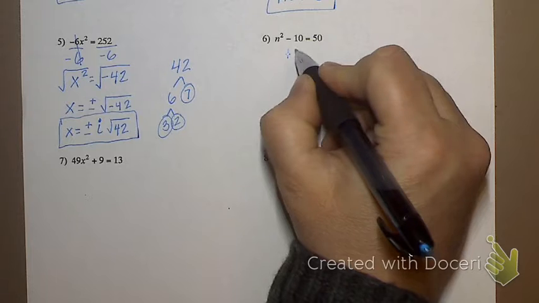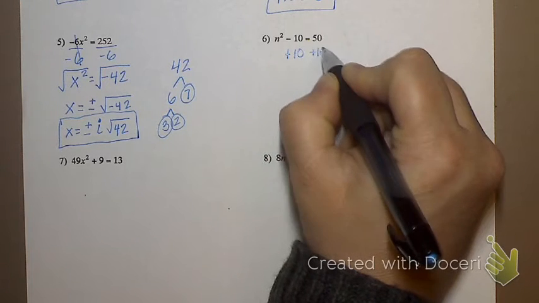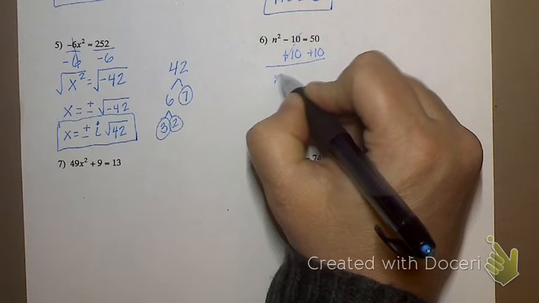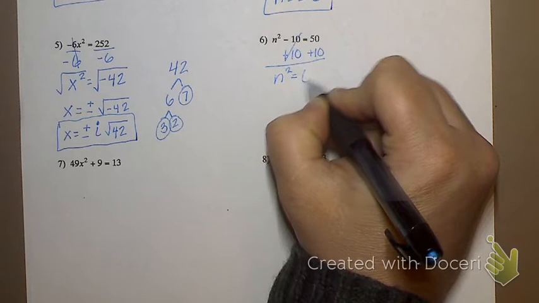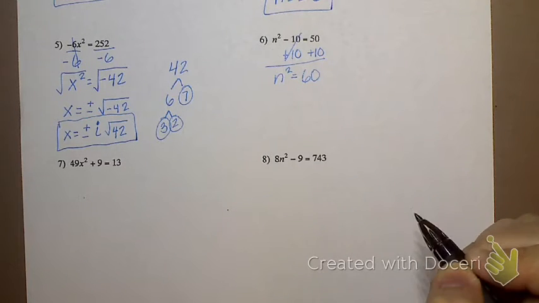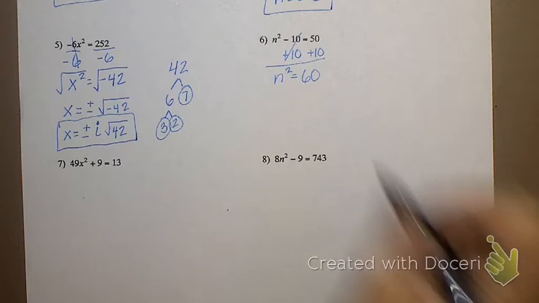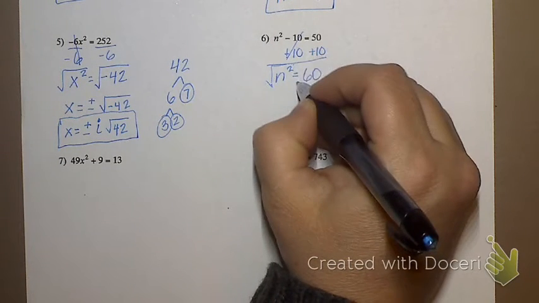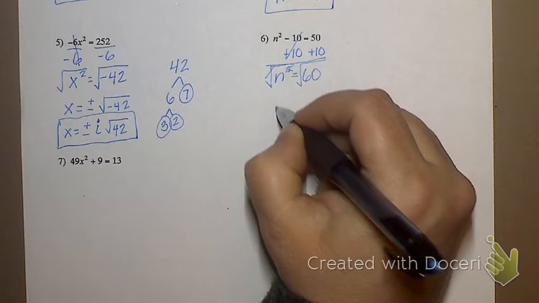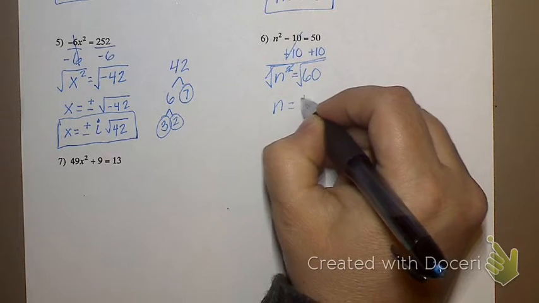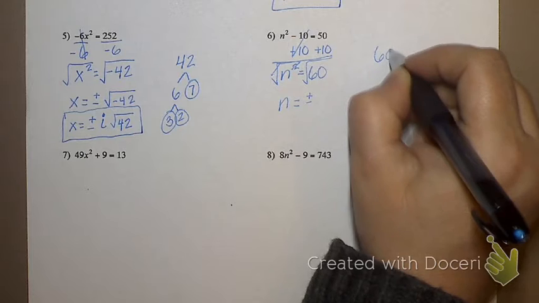Add 10. So n squared equals what? 60. Now what? Square root both sides. Remembering to put what in the problem? Plus or minus.